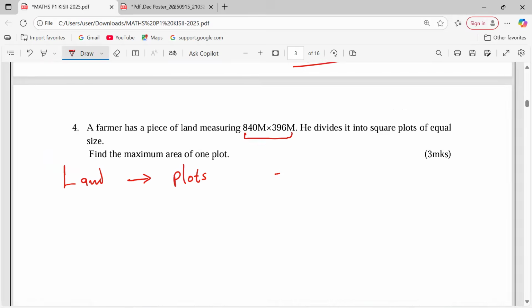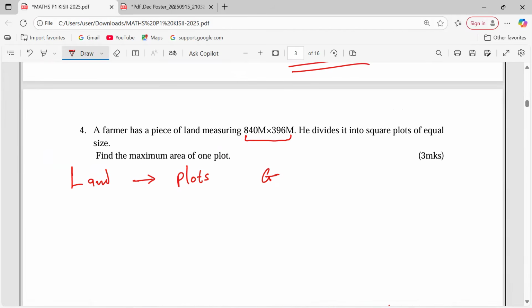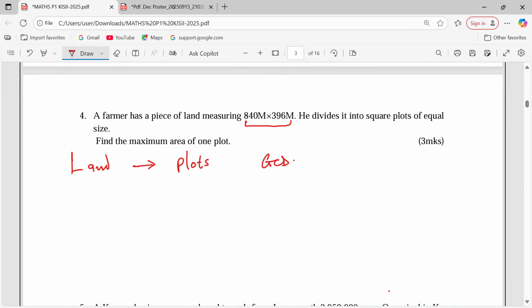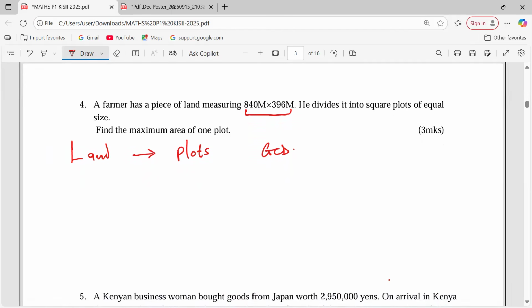For us to get the dimensions of the plot, we find the GCD. The plots that we are getting should be divisors of the land that we are dividing.